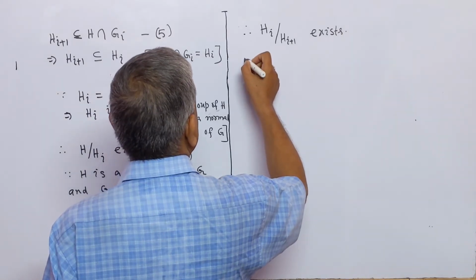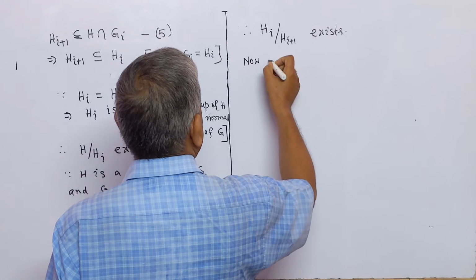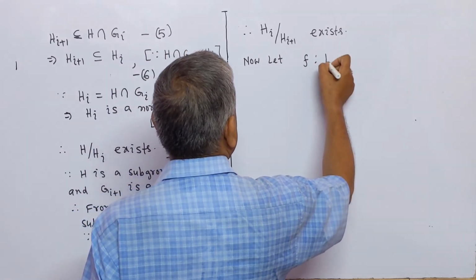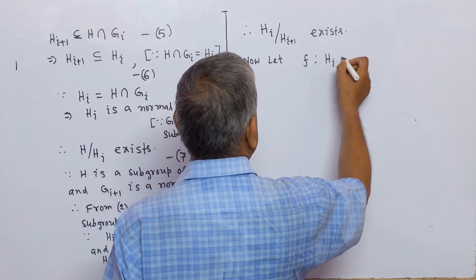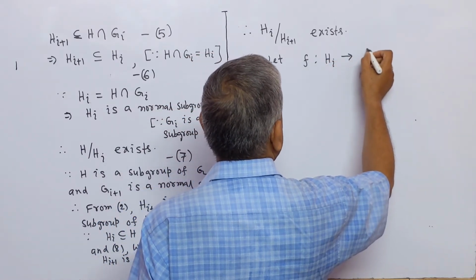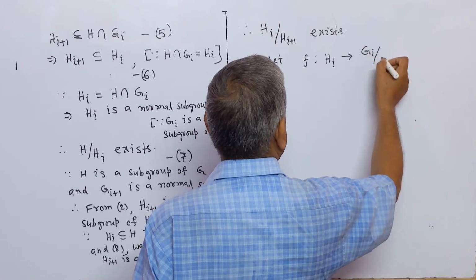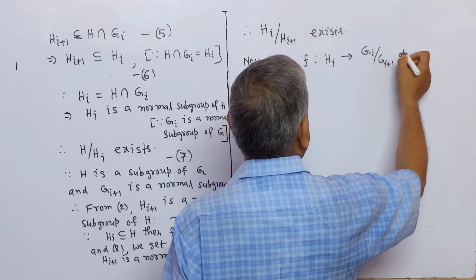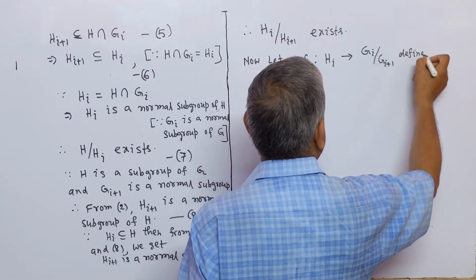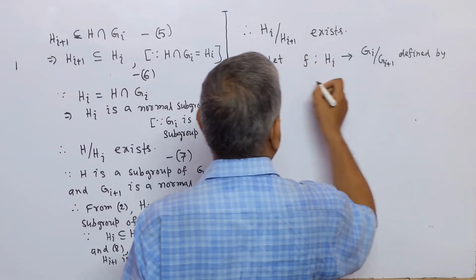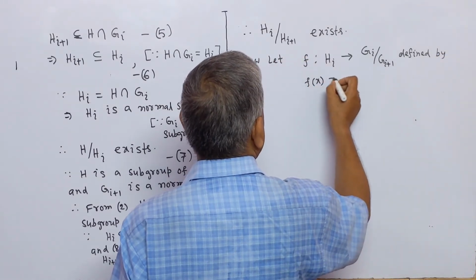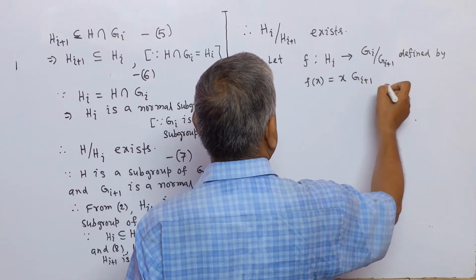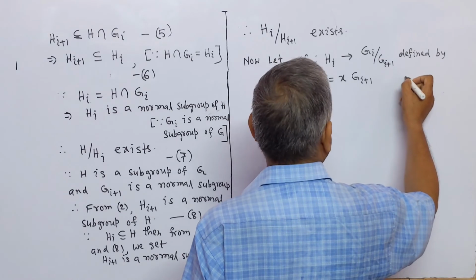Now, let F be a mapping defined from Hi to Gi by Gi plus 1, defined by F of x equal to x Gi plus 1. Let this be number 10.